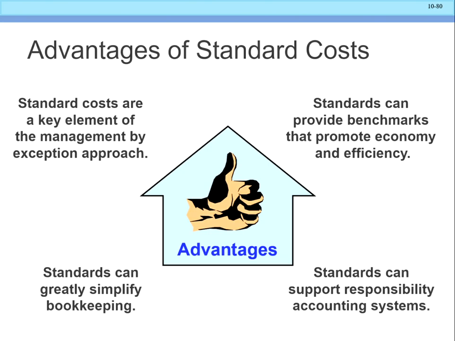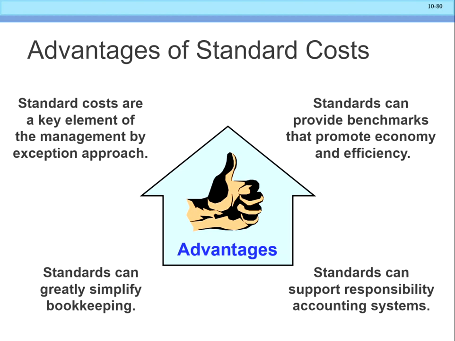Standards can provide a benchmark for promoting economy and efficiencies. When we investigate the variances and we see that they are unfavorable or favorable, we are able to promote economy by trying to ensure that the unfavorable variances are turned into favorable and the favorable variances are maintained as favorable.